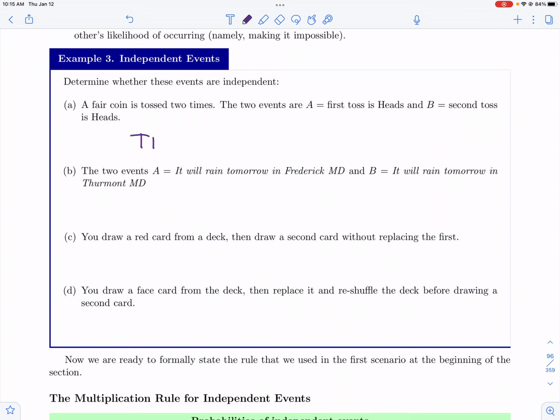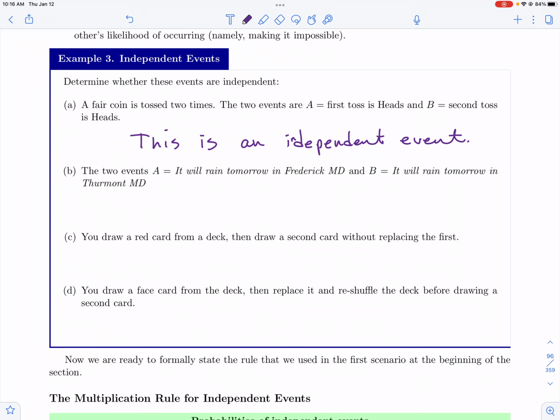So this is an independent event. Oops, I should spell it right. All right, so these two things could happen, and they're not dependent on anything.